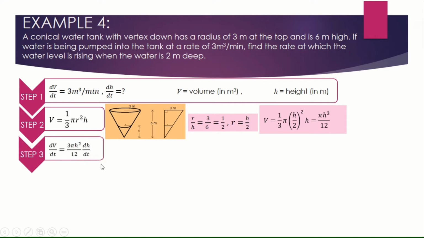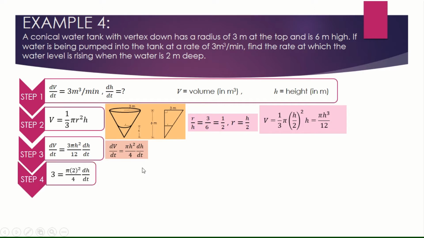Next step, we differentiate both sides, implicit differentiation. We get dV over dt equal to 3 pi h squared divided by 12, dh over dt. If we simplify, dV over dt is equal to pi h squared over 4 dh over dt.